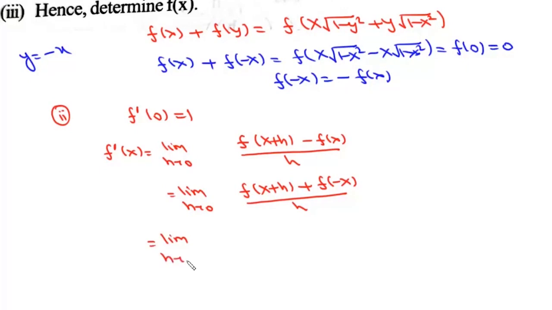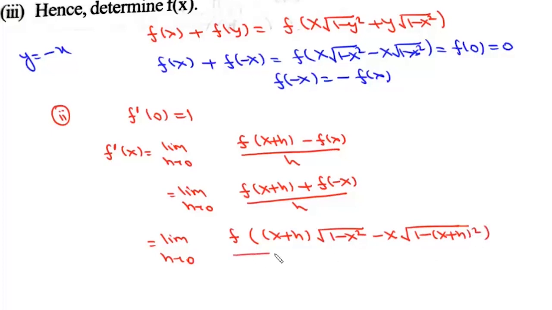this limit h tends to 0, and here it will be this f of x plus h under root 1 minus x square, and then minus x into under root of 1 minus (x plus h) whole square, whole divided by h.